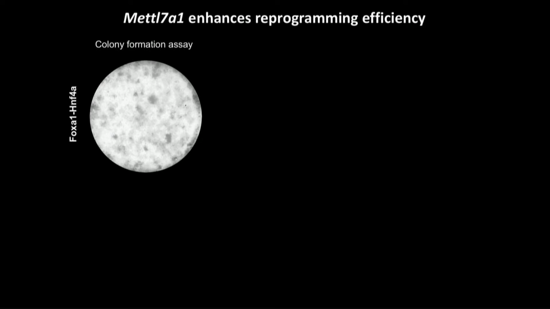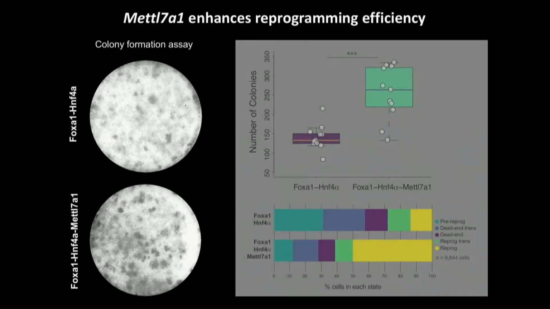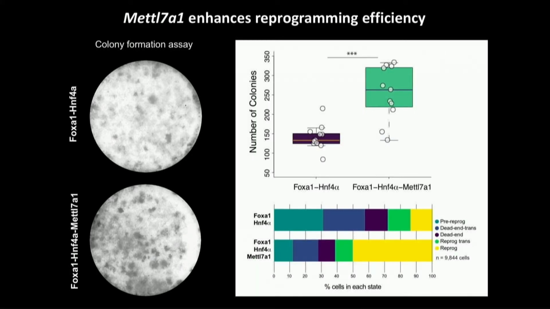So the final part of the story here is that we take our standard reprogramming cocktail of FOXA1, HNF4 alpha, we add Mettl7a1 to this cocktail, and we see a consistent increase in the number of fully reprogrammed colonies formed in this assay.